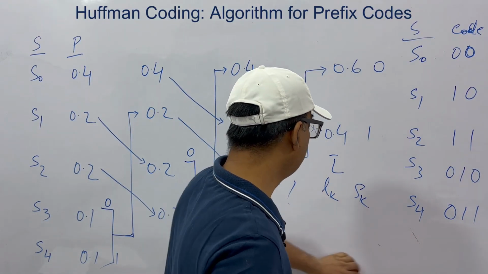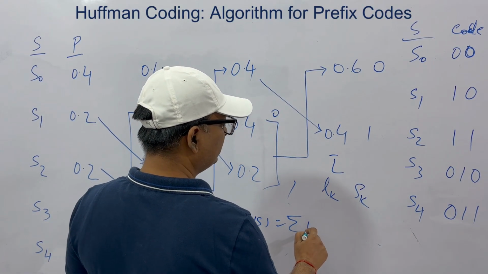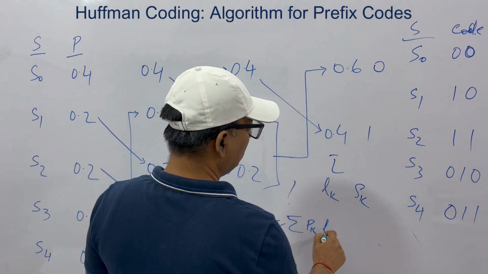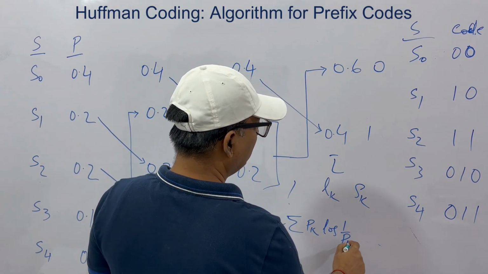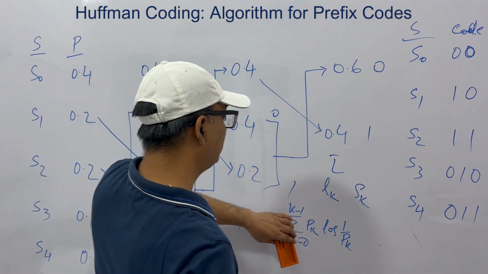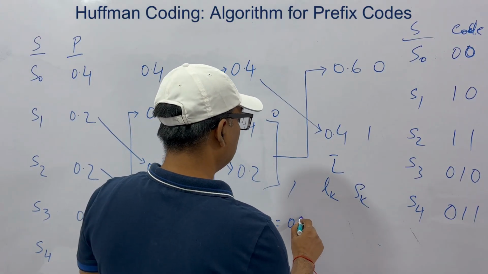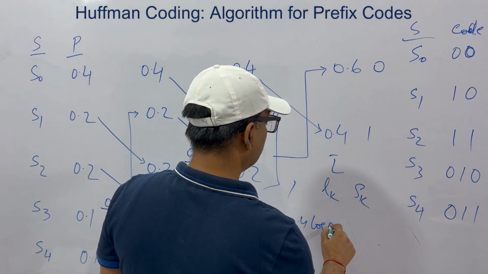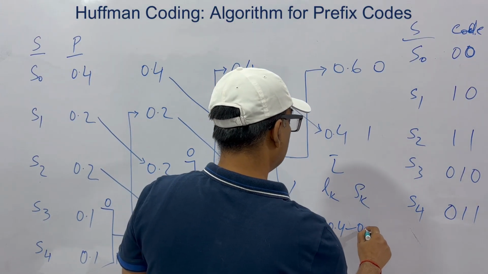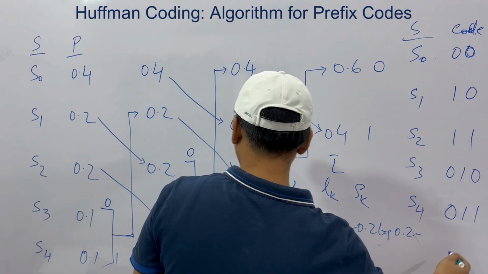Now the second quantity is entropy. How do you take entropy? You take summation of pk into log 1 by pk, for k equal to 0 to k minus 1, or minus log pk. So this will be 0.4 into log 1 by 0.4, then 0.2 log 0.2, then again 0.2, then 0.1.